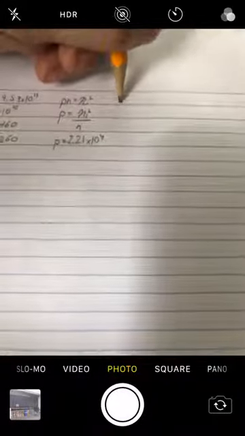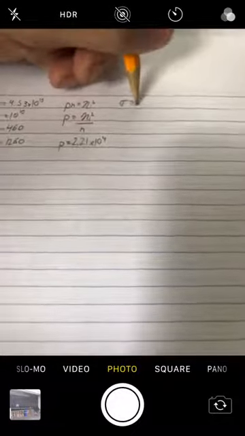Okay, so ni squared is going to be divided by N. If you crunch that into your calculator, you should get a P of about 2.21 times 10 to the 4th. And now our conductivity.